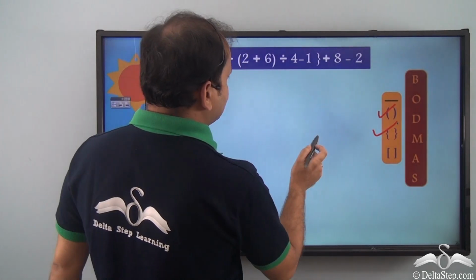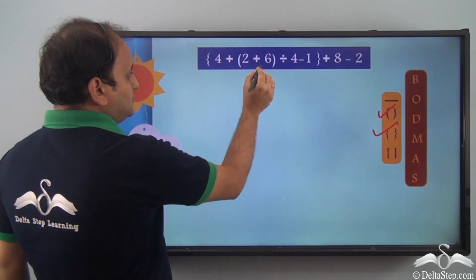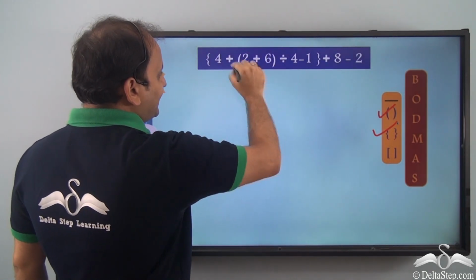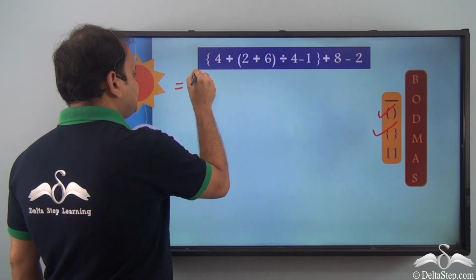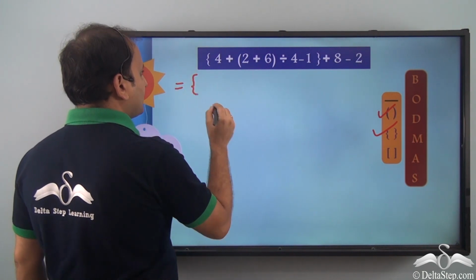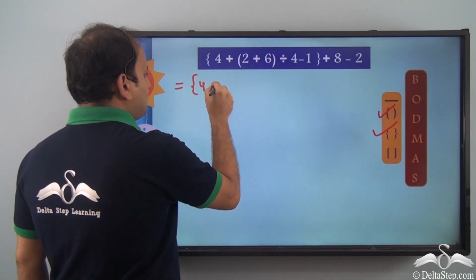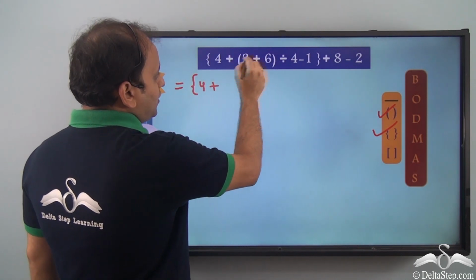So first of all we'll solve this part which is inside the common brackets. So the curly brackets will come down as it is. 4 plus, we'll solve for common brackets.